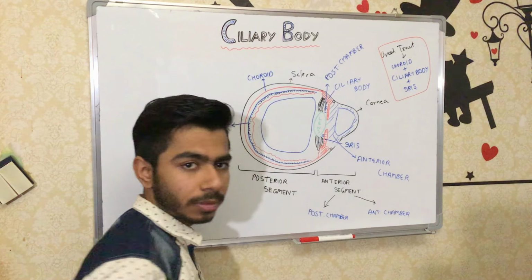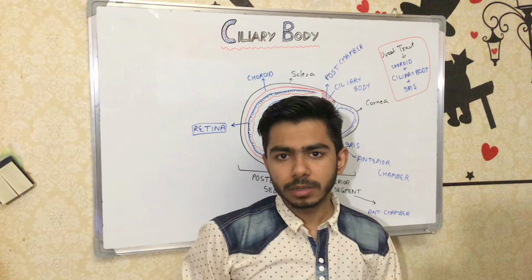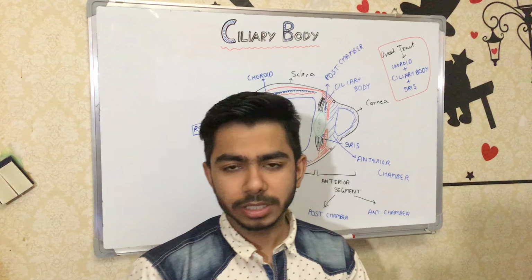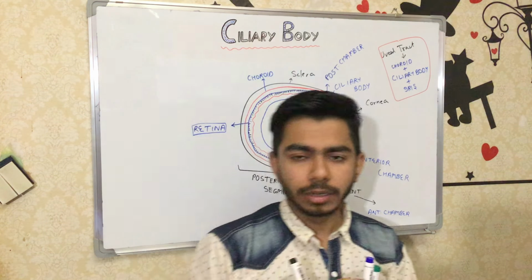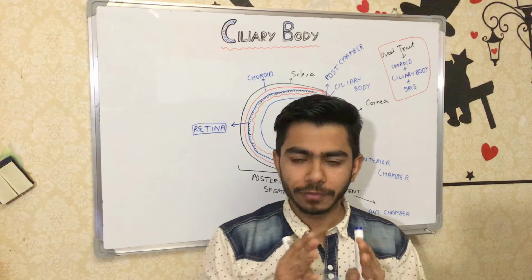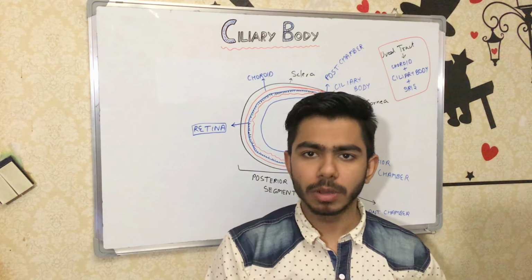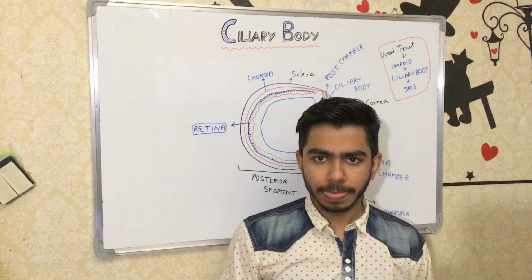The Canal of Schlemm is very important clinically in glaucoma, because in glaucoma the Canal of Schlemm gets obstructed and the aqueous humor is not able to drain. We have two kinds of glaucoma, open angle glaucoma and narrow angle glaucoma.